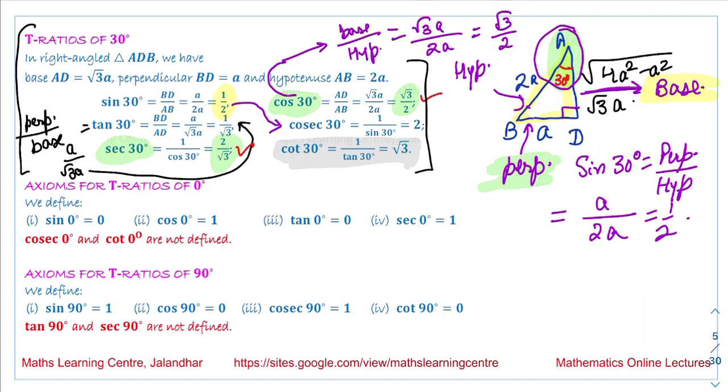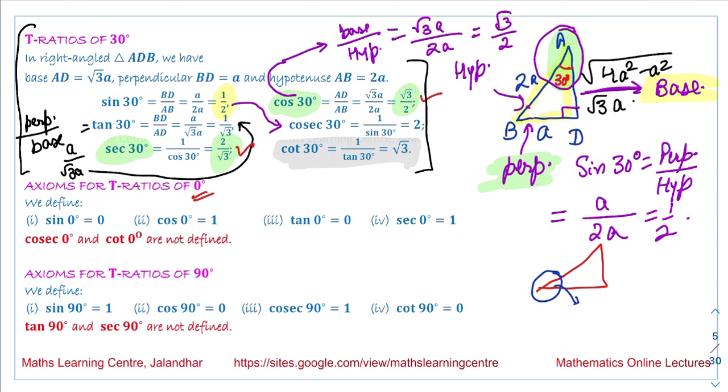Next we are talking about the T ratios corresponding to the angles 0 degree and 90 degree. First thing that is important to mention over here is that this angle 0 degree is not possible in a triangle unless it is a straight line. If we are saying there is a right angle triangle, we are talking about this angle over here.